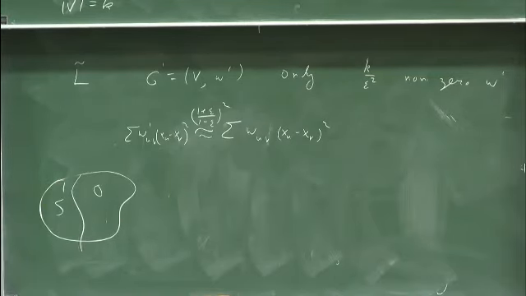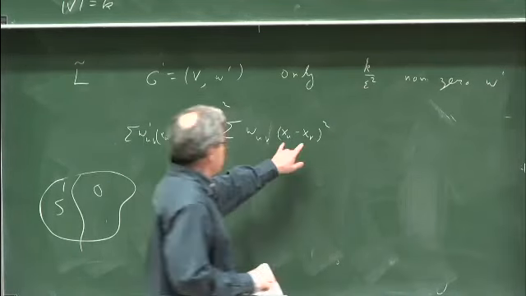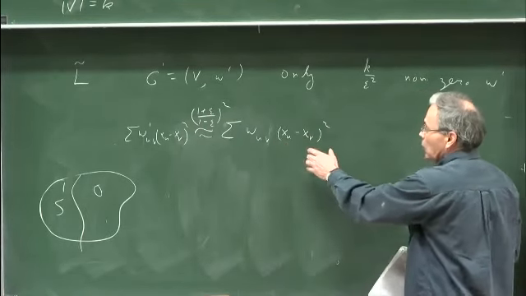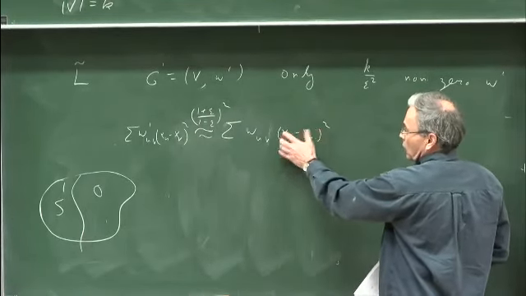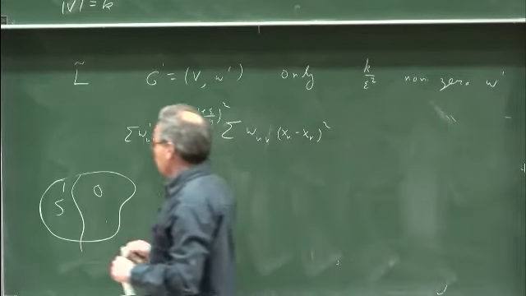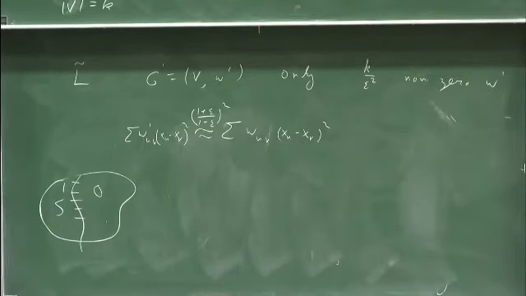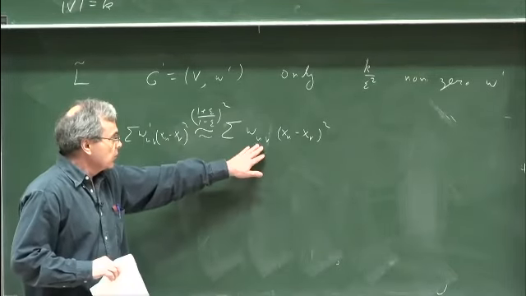The components are 1 for u in S and 0 for u not in S. Then if u and v are both in S or both in the complement, this is 0, and if not, then this is 1. So what this counts is exactly the value of the cut. You only look at edges which cross from S to the complement of S, multiply them by the weight and sum it up. This is what this thing is.